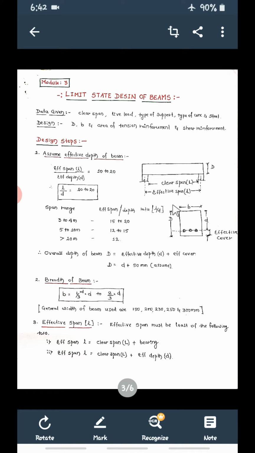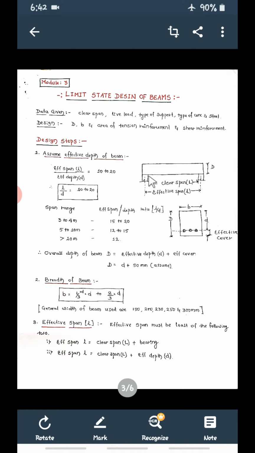Bearing means, this is one bearing, support. So clear span plus half, means the first criteria is center to center of support, from the center of this support to the center of this support. How will you calculate?